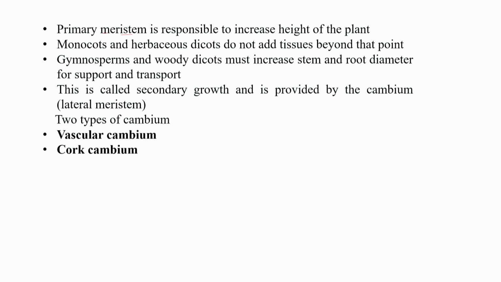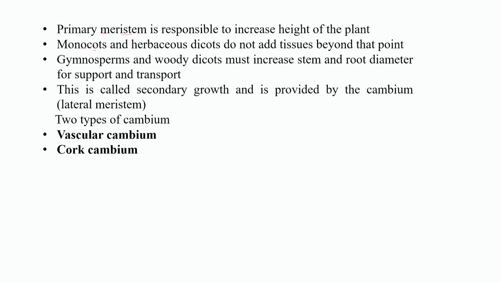You would have seen that their stems are quite weak, like wheat, rice and grasses, so they don't undergo secondary growth. Even some dicots which are very small and herbaceous in nature, not all but a few of them, may not undergo secondary growth and could be limited by only primary growth. So whatever structure is present is primary in nature.